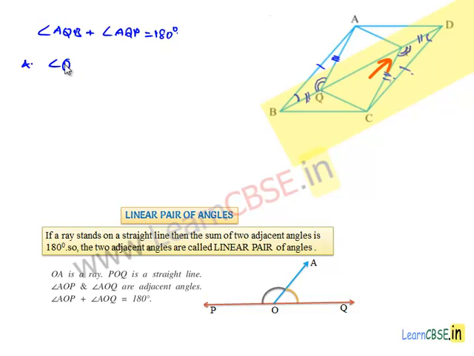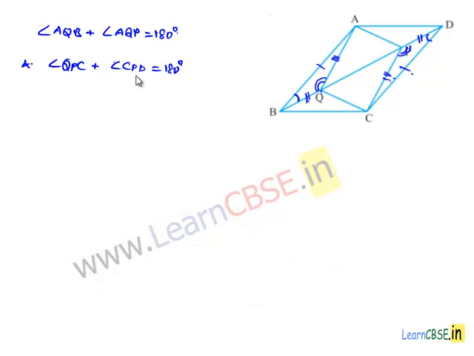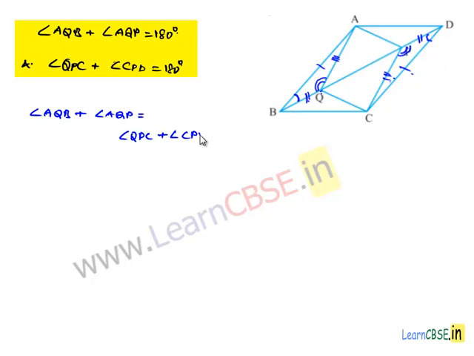QPC and angle CPD form a linear pair. So sum of angles on a linear pair is equal to 180 degrees. As both these sums are equal to 180 degrees, we can equate angle AQB plus angle AQP is equal to angle QPC plus angle CPD. From the above, we can say that angle AQB is equal to angle CPD, so that can be cancelled on both sides.